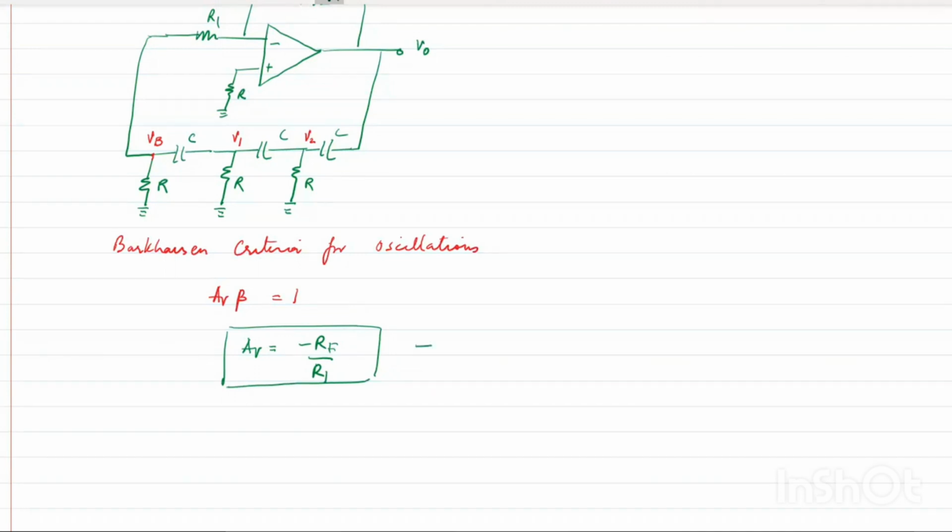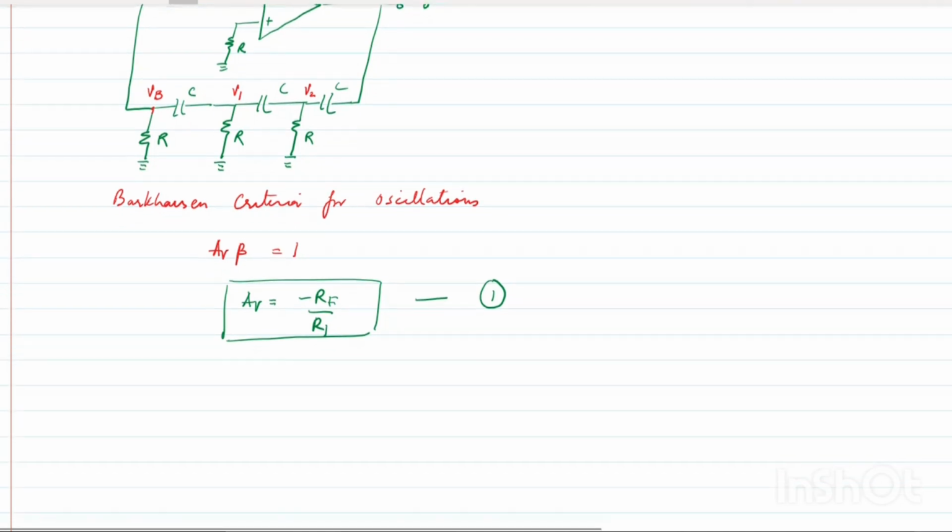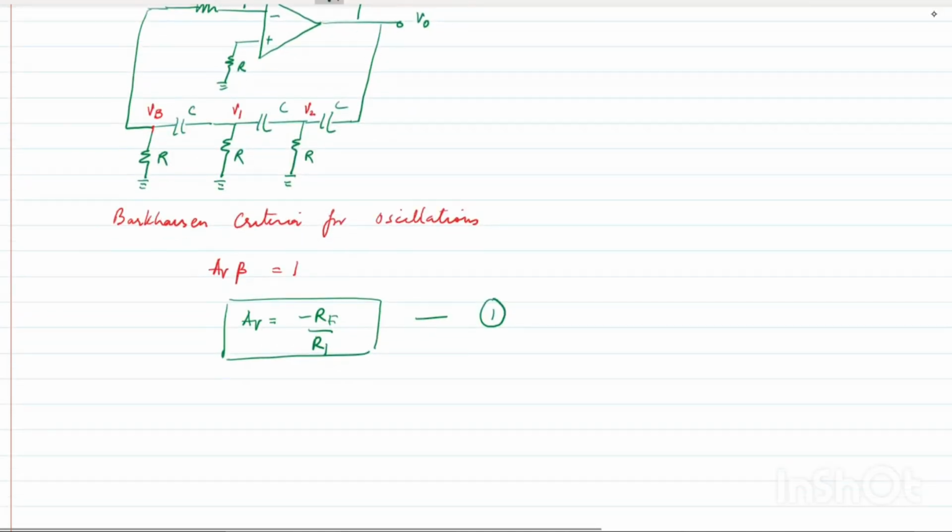What is beta? Can anyone tell me what is beta here? Because we have to use this condition. I have given you all the names. Which voltage divided by which voltage?